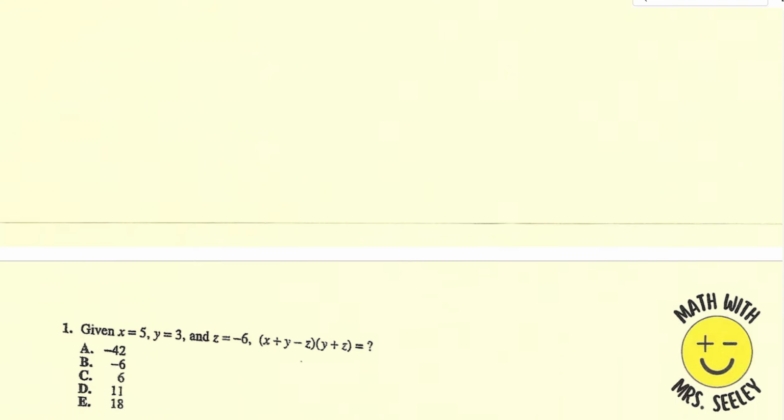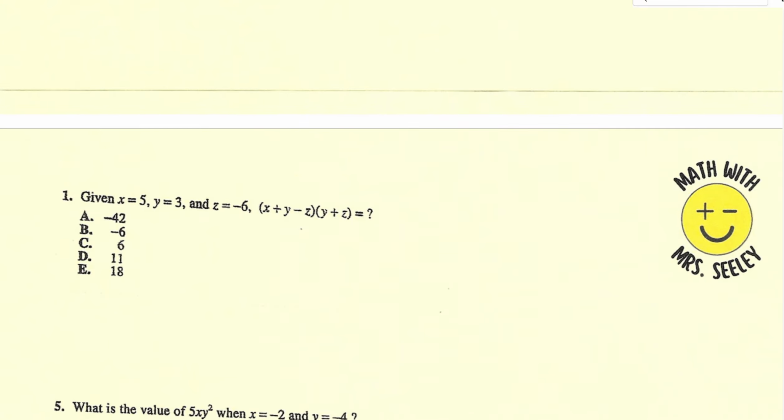Right? The next one. Here's one where you're just doing the same thing, but you're just plugging in various variables. Wherever you see the x, put in a 5. Wherever you see y, put in your 3s. Wherever you see z, put in a -6.